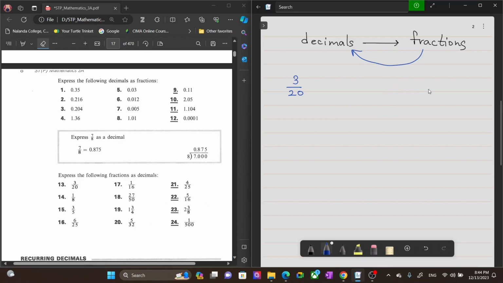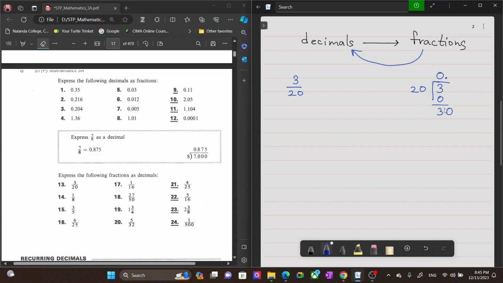You can use long division. Divide 3 by 20. How many 20s are there in 3? No 20s, so we put 0. We want to divide further, so we put a decimal point here. Multiply 20 by 0, we get 0. Then subtract, and we get 3. After putting the decimal point, we can bring down another zero, so we get 30.